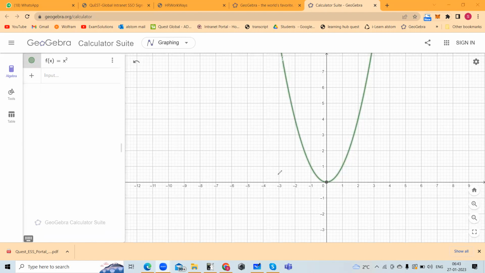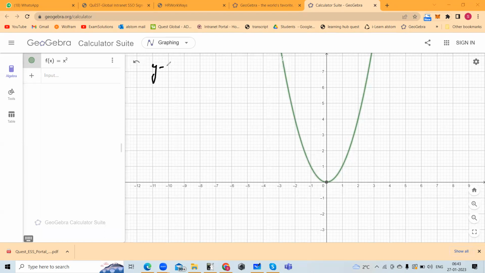having the x-intercept at, where it is cutting the x-axis, it's cutting it at 0. And where it is cutting the y-axis, it's also at 0, both.